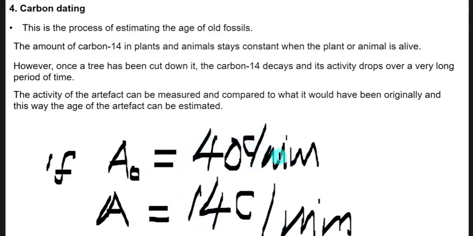Remember, if they already know the half-life of this carbon, let's say the half-life is already known to be 50 minutes. Let's just assume it's 50 minutes. That's its half-life.